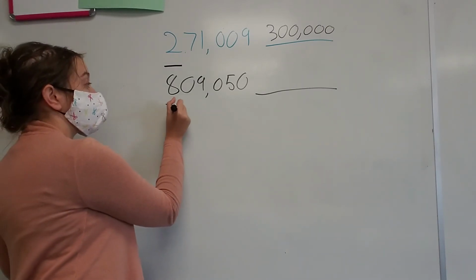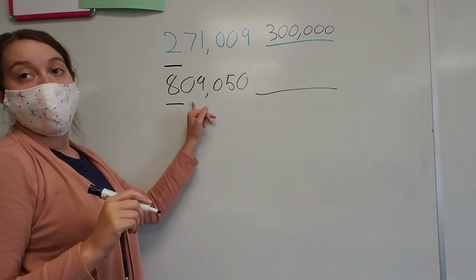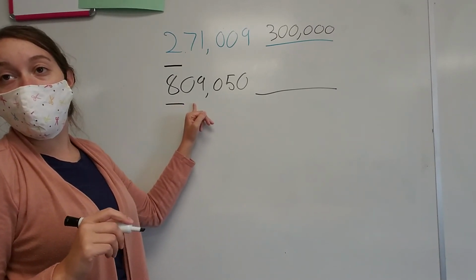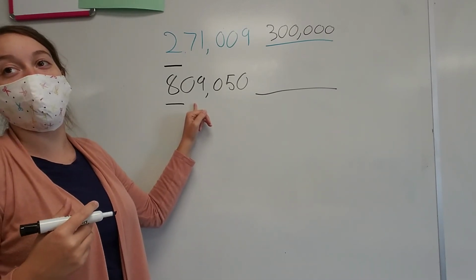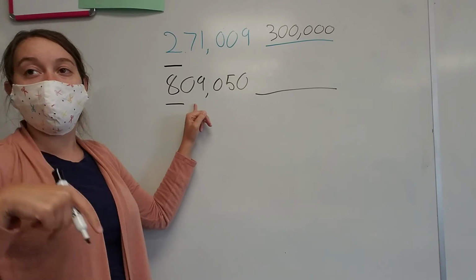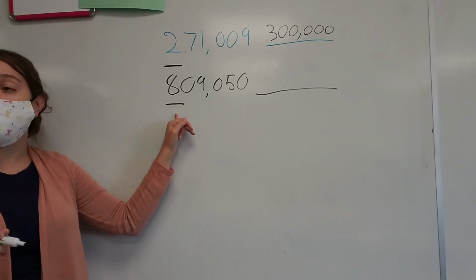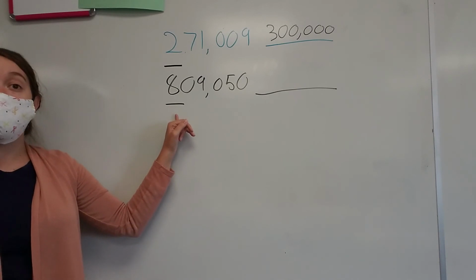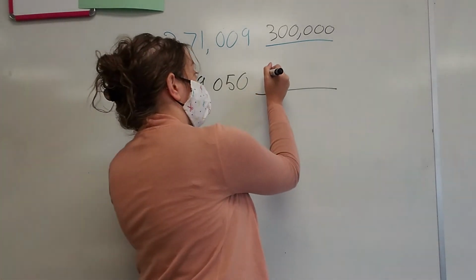Good. Now, I have to look at the number next to it. My number next to it is a 0. Am I going to round up or am I going to round down? This one's a little easier, right? Everyone tell me. Down. So I'm going to keep it the same. It doesn't mean I go to 7. If you round down, it means you're closer to 8, right? So it stays the same.